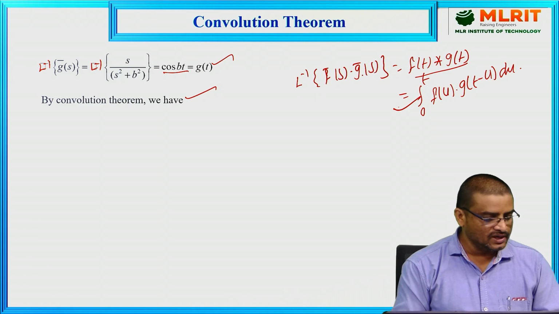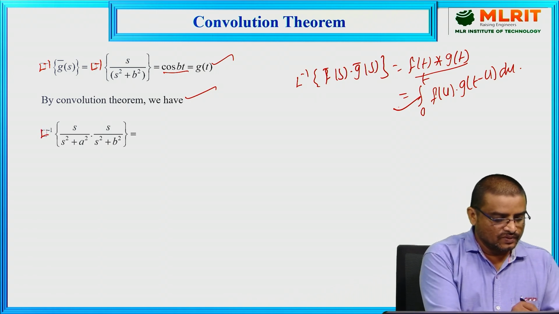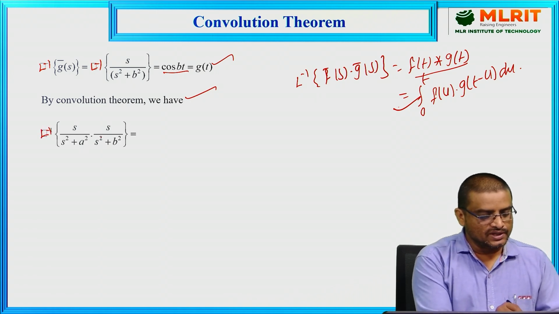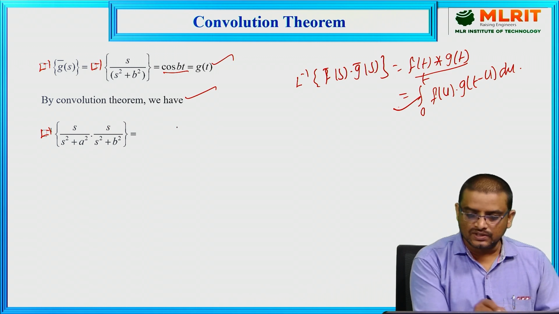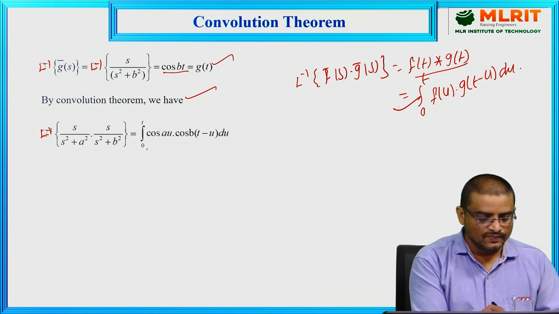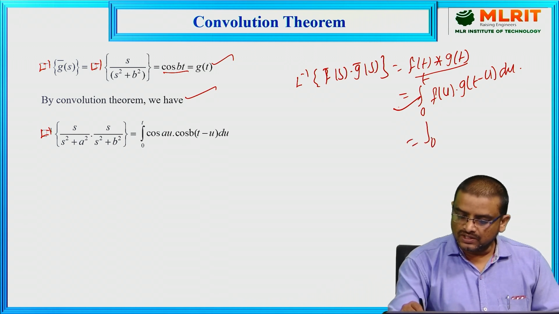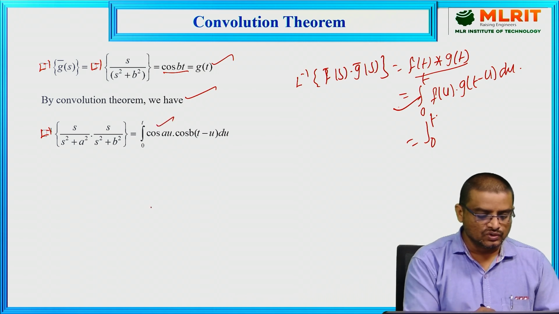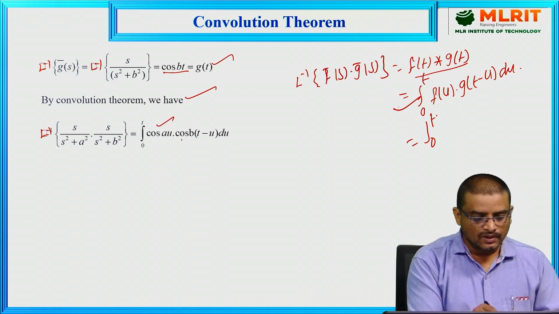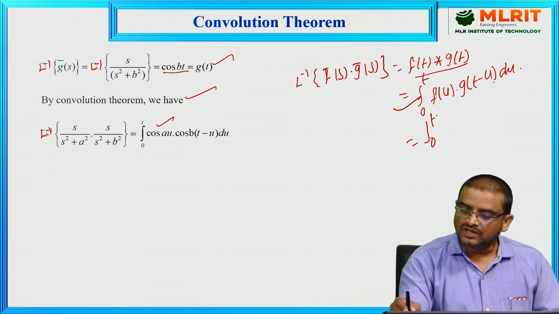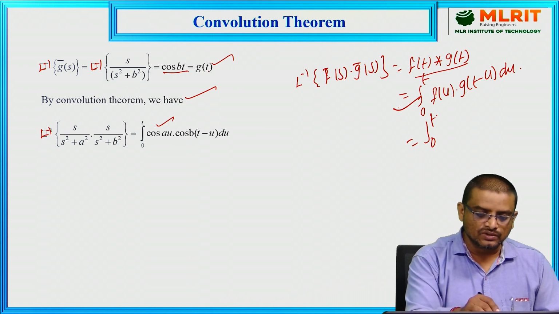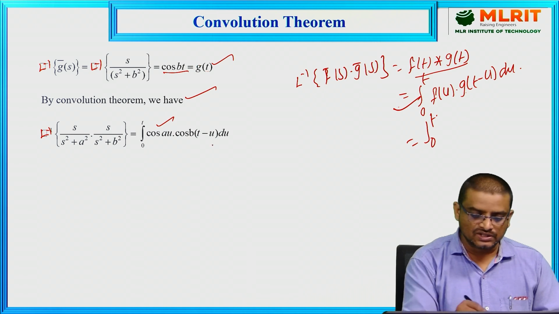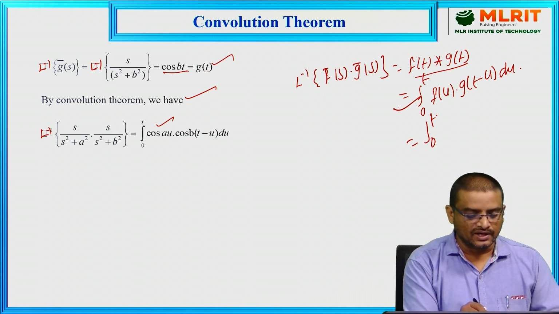So directly we can take L inverse of s by s square plus a square into s by s square plus b square equal to the integral from 0 to t of f of u, g of t minus u du. We know f of t is cos at, but here in place of t we have u, so this is cos au into g of t minus u. We got g of t as cos bt, so replace t with t minus u, and we get cos b of t minus u du.